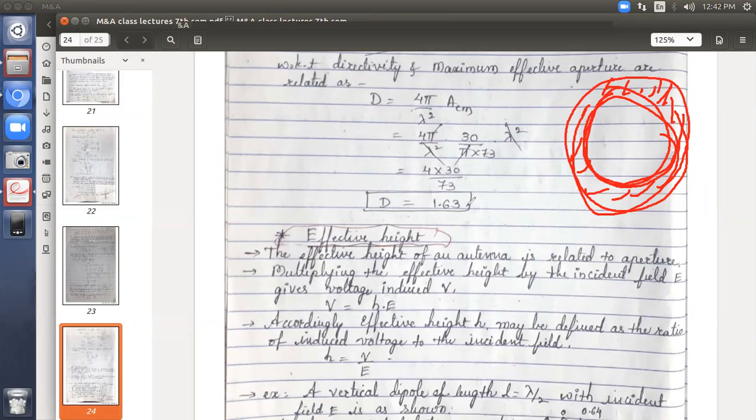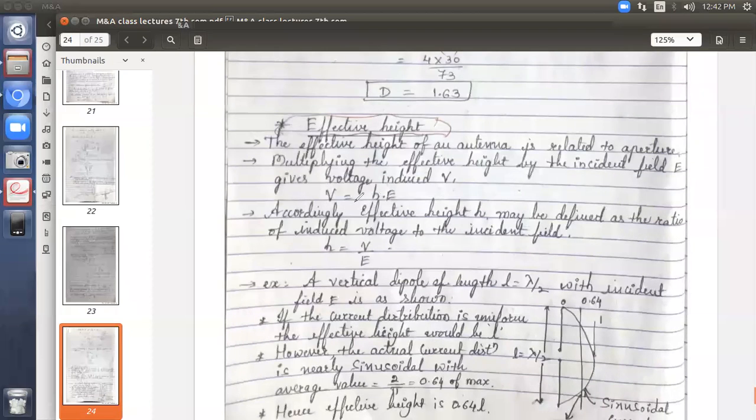So it's similar to that. Even effective height will be the same. Out of the total height of the antenna, maybe due to some losses or some reasons, the total length of the antenna may not be used effectively. So effective height will always be lesser than the actual value.